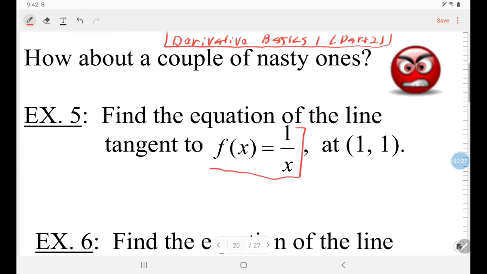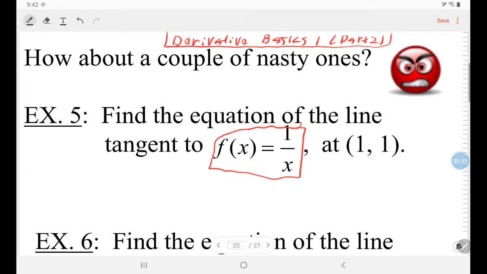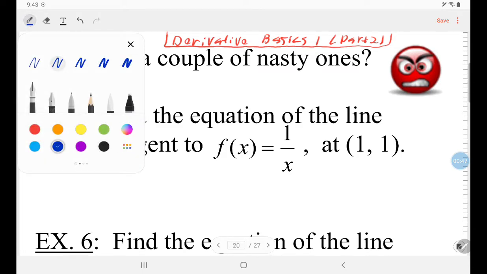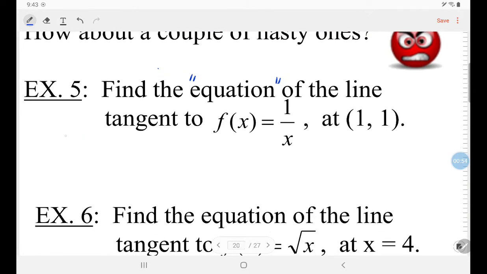So in this number 5, we're dealing with not just a plain polynomial, but rather a reciprocal function. This would be the graph of a hyperbola. The algebra is a little bit more intense than that, so let me show you how something like that works. Again, we're looking for the equation of the tangent line, not just the slope.